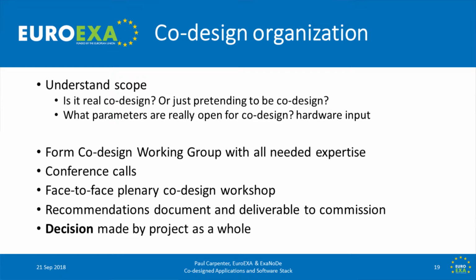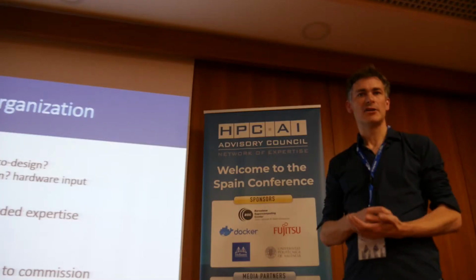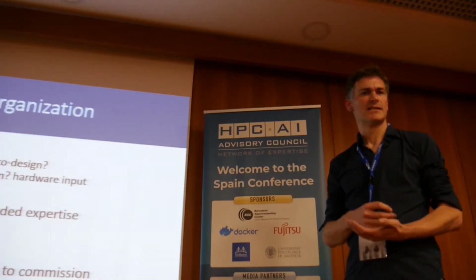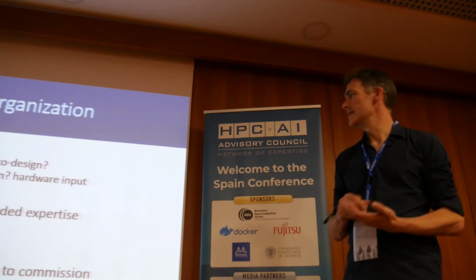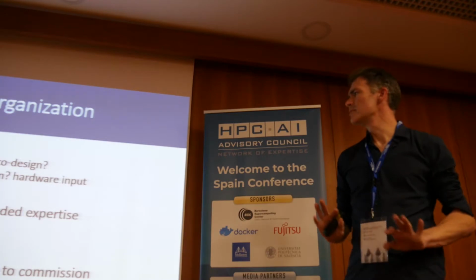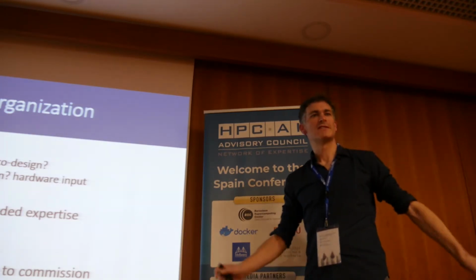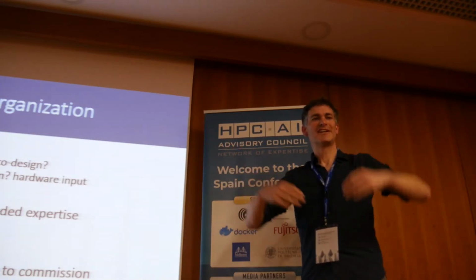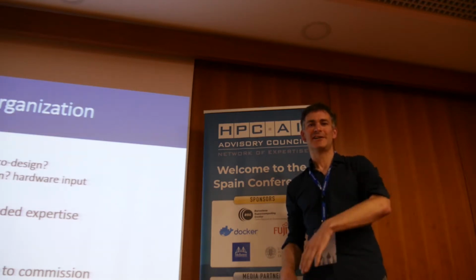We didn't want to do a box ticking exercise and just pretend to do co-design. But there was also a question about how we should do it. And the approach that we took started by the hardware guys telling us what were the open parameters. And this maybe you could say is kind of compromising. We should have started off as equals like our picture and started from the application down.